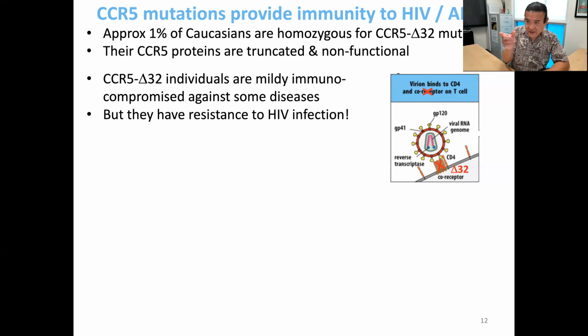So as a result, their CCR5 mutant proteins are truncated. They're much shorter and they don't function properly because there's not enough of the protein for it to be able to fold up into the right shape. So this then results in these individuals, about 1% of people of Caucasian descent, being mildly immunocompromised.